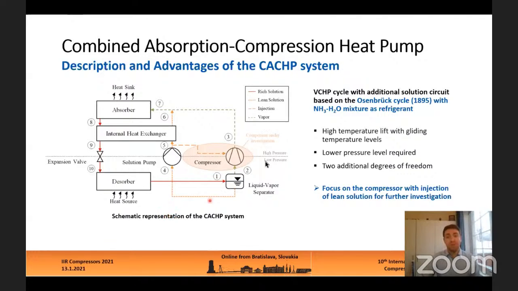We can modify the composition, how much ammonia and how much water we put in the system or charge the system with. Additionally, we can play around with the ratio of how much we pump through the compressor, so this gives us some flexibility. Today, the focus is on the compressor. For the liquid injection, we take some of the lean solution after the solution pump and inject it into the compressor.